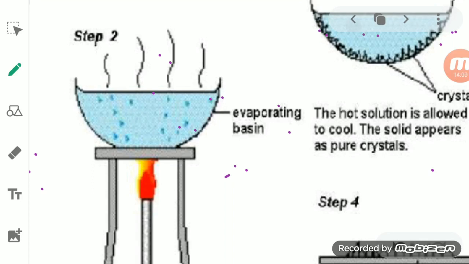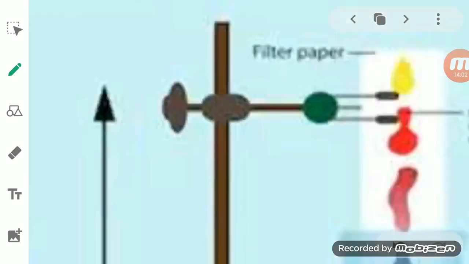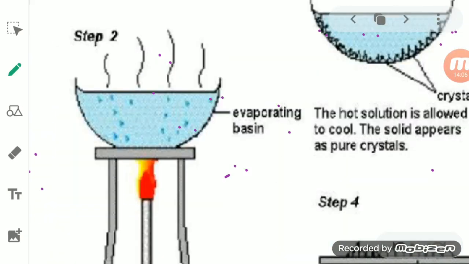So the solution which you can see here is the impurities solution, but this crystal present at the base is the crystal of a pure solid.